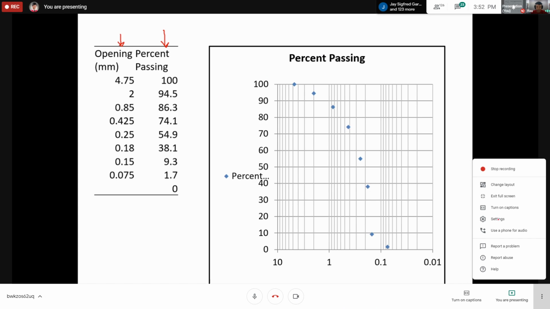So if you observe the graph being generated, so the y-axis is the arithmetic scale, the percent finer, and then the log scale, the reversed log scale is the x-axis. So if you can see 10, di ba? 10 going to the smallest number to the right. Yan muna siya atong ma-generate ang ato ang particle size distribution curve.